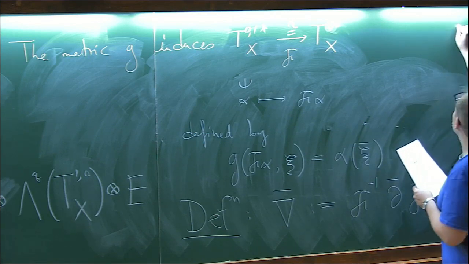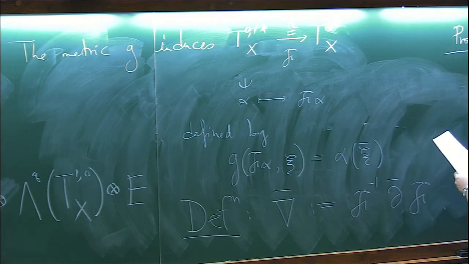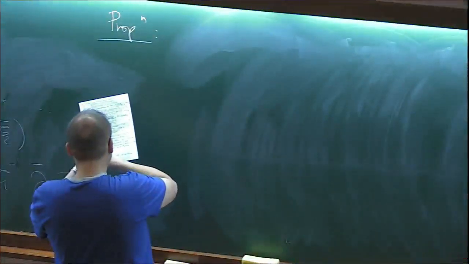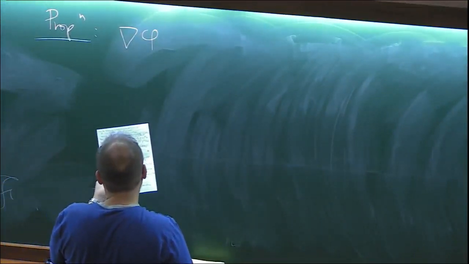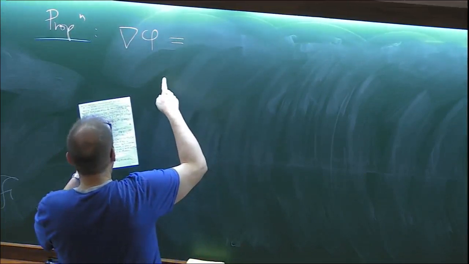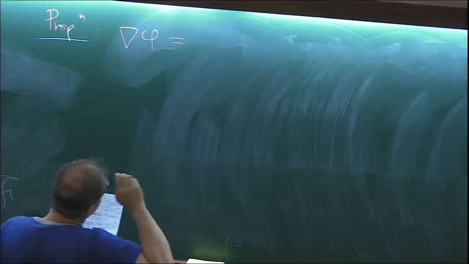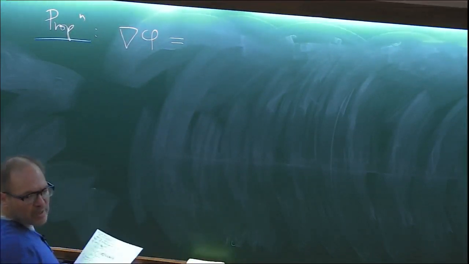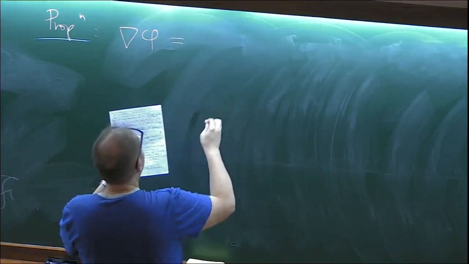So let me say proposition. Right, so maybe I'll go through the proposition. So nabla bar of phi, well, you want to first of all turn this phi into a multi-vector field with values in the correct vector bundle. And so you do that by raising with the metric.